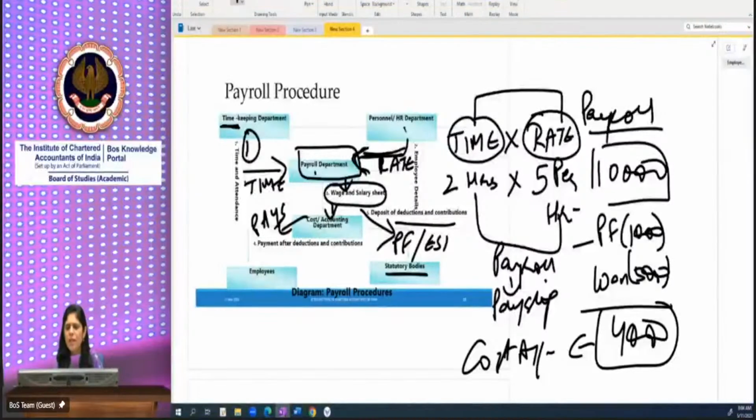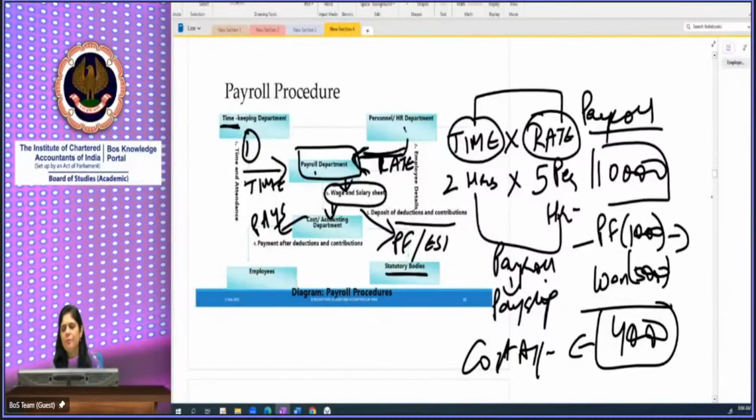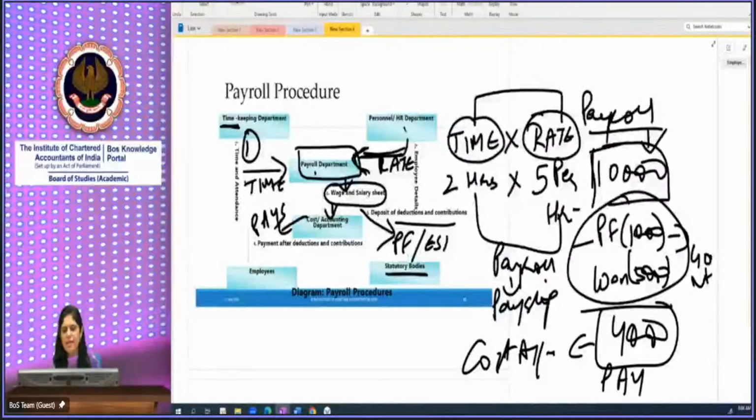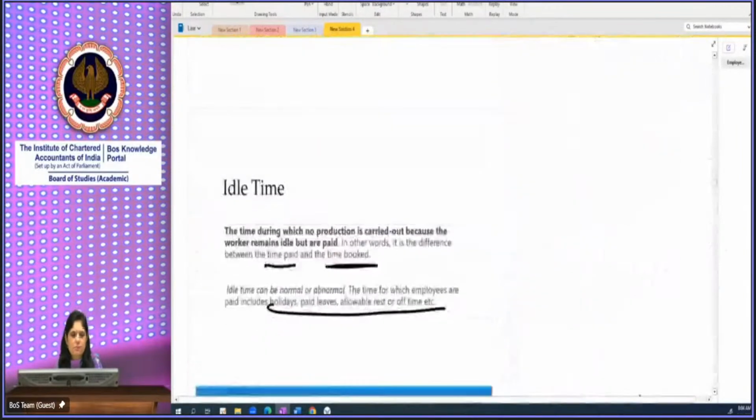And this PF will be deposited with the government. All right. So this is how it happens. The payroll department computes the salary. The cost accounting department will make all the deductions and pay the net salary to the employee. All right. So I hope you have now understood. Let's move further.